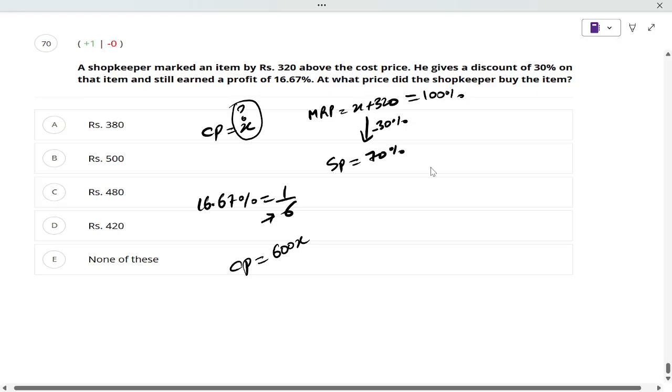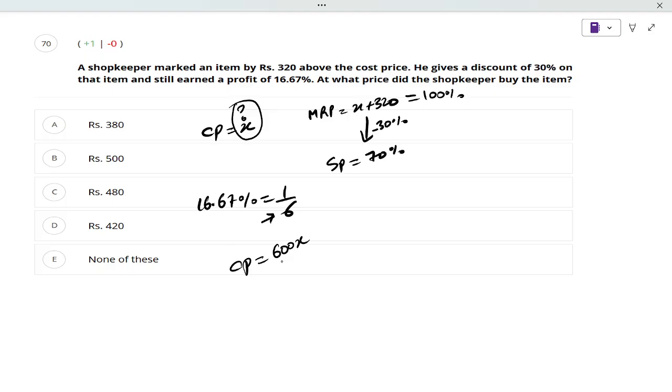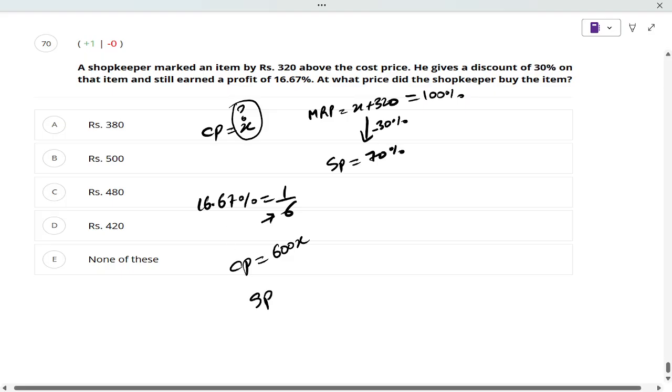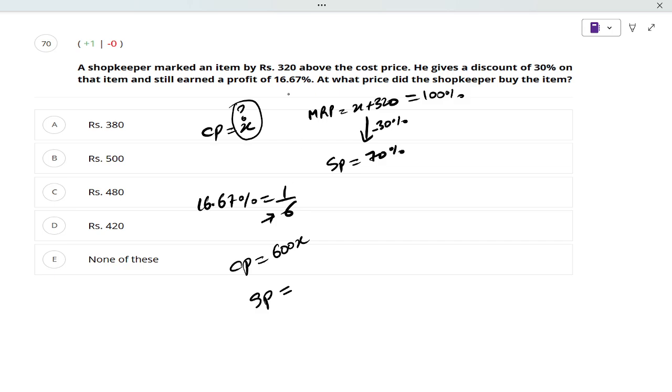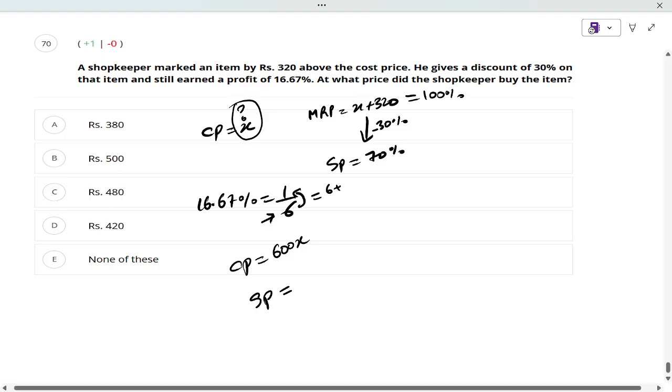Now if this is the cost price, then the selling price will be what? As per the question, there was a profit of 16.67. So 16.67 is nothing but 1/6. So in terms of profit, if you get profit, then you do this way. In the numerator, you'll add 6 plus 1 by the denominator will give us 7/6.